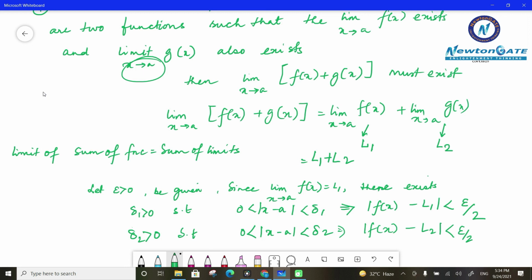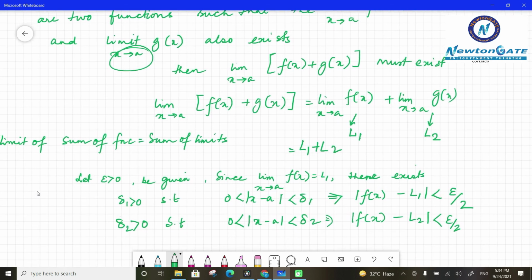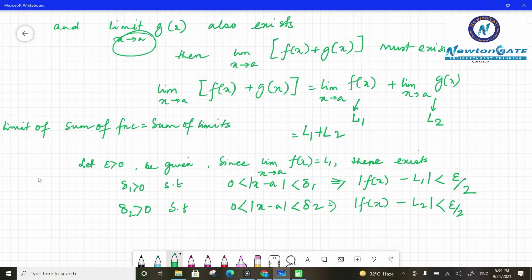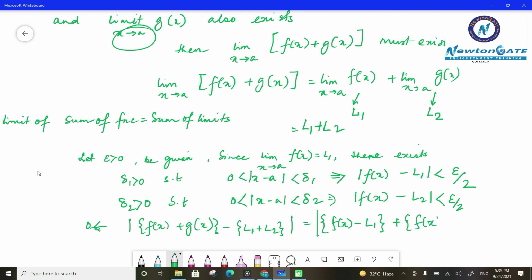Basically what I am trying to do is show that no matter how I take the functions, the final limit is always equal to epsilon. Now that we have this, we can write |f(x) plus g(x) minus (L1 plus L2)| is equal to |(f(x) minus L1) plus (g(x) minus L2)|.